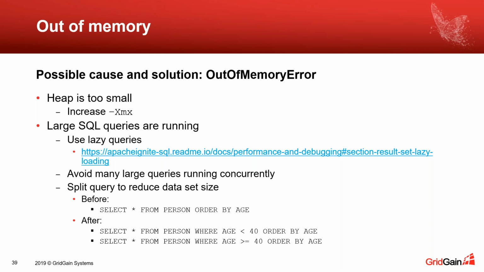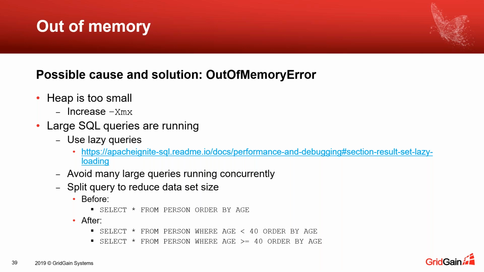How to avoid that? First, you can use lazy queries, and you can check out more in the documentation. But how they work is that instead of loading all of the data onto the heap, they will load the data onto heap page by page, by small portions, greatly reducing the maximum size of the heap that you need.